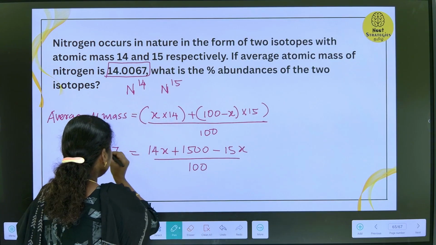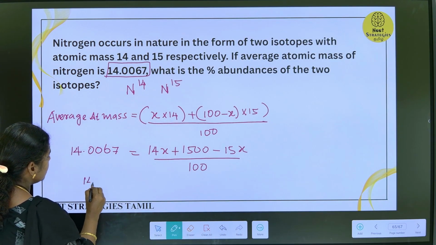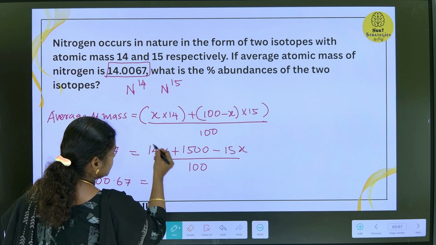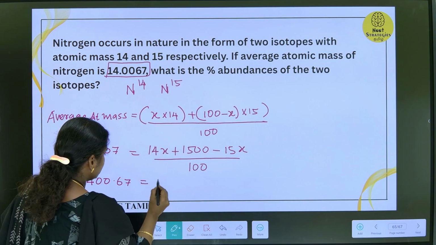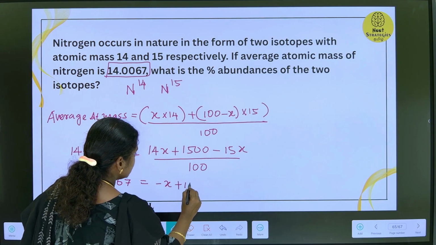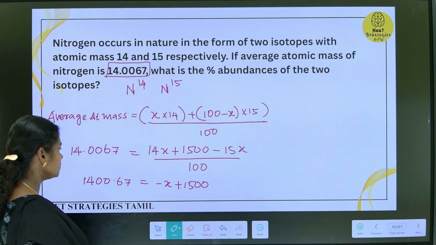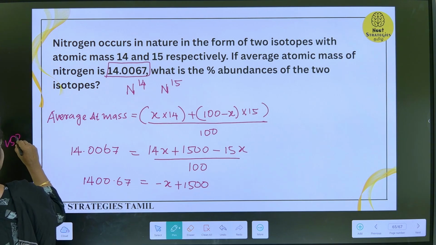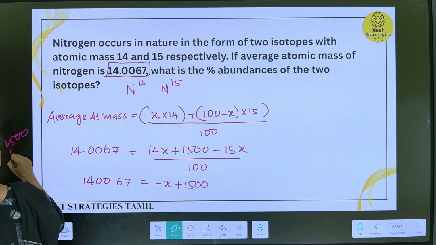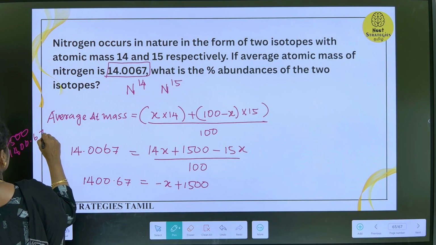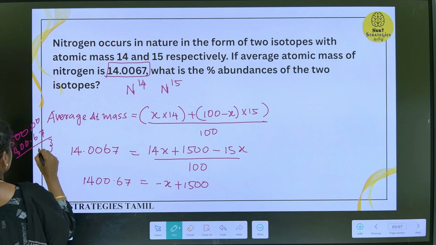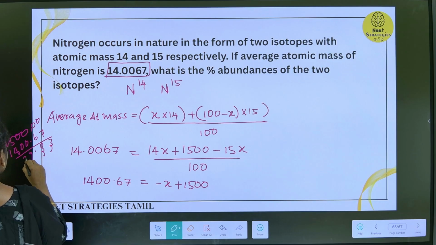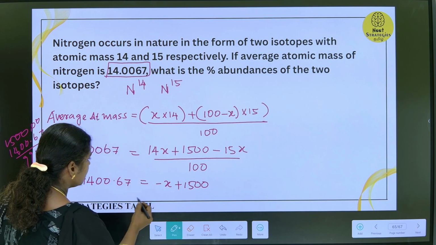Multiply by 100 and you will get 1400.67 is equal to 14x minus 15x plus 1500. Now we take 1500 minus 1400.67, which is 99.33, right?